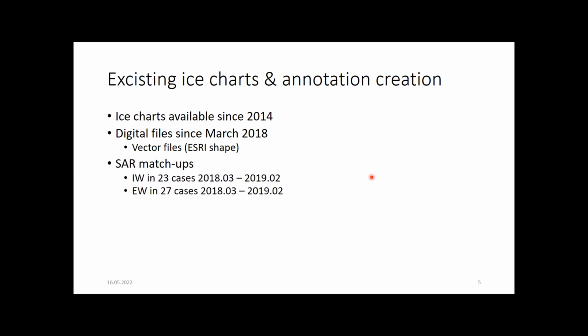So that limited our available data for matchups with SAR. So only 23 images and 27 images for interferometric and extra wide swath correspondingly, which is not much.